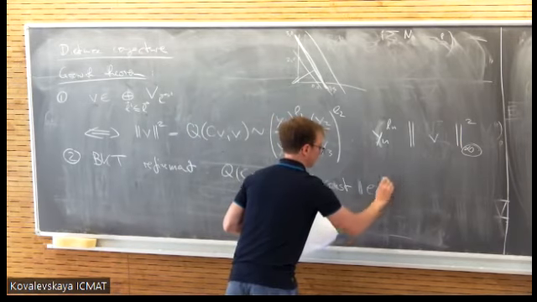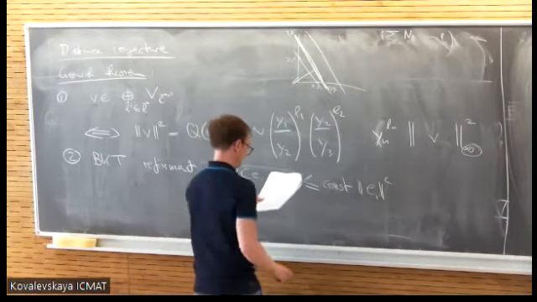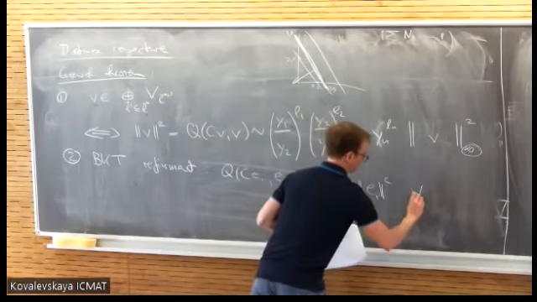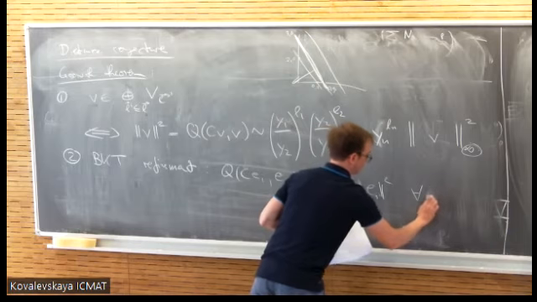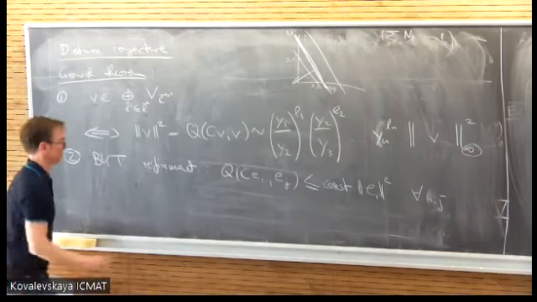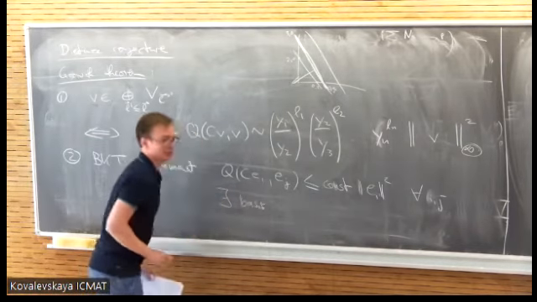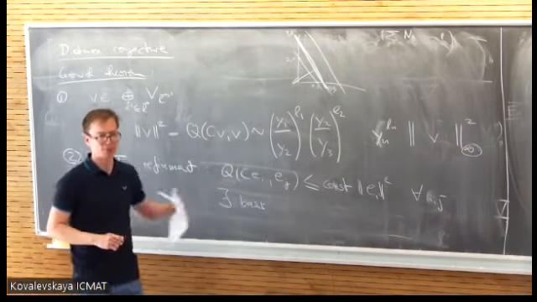I can find a basis such that the off-diagonal parts are suppressed for all i, j. So there exists a basis. This is really cool, and it's actually a very deep result.